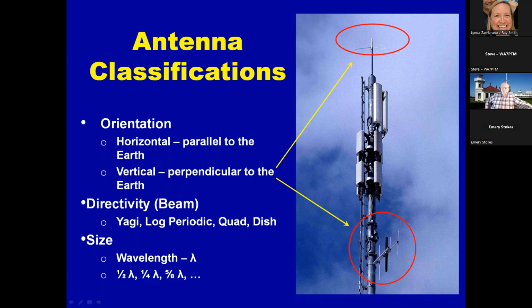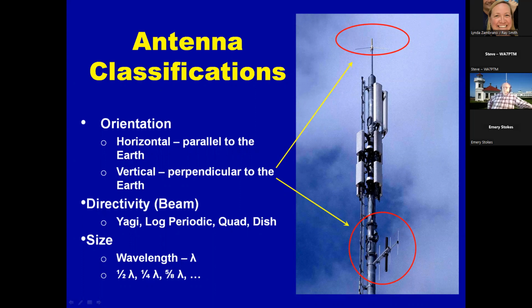You can talk about their orientation, horizontal, vertical, and so forth. But you can also talk about size and shape. We can classify them by operational parameters such as gain, which we'll be talking about, directivity or impedance. We can also arrange them by physical properties, like are they flexible, are they shortened, are they loaded, are they active? There's lots of different ways to classify antennas.